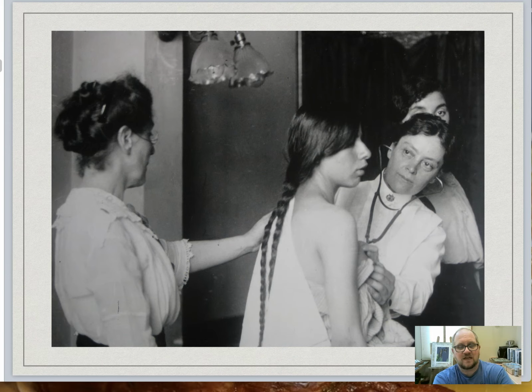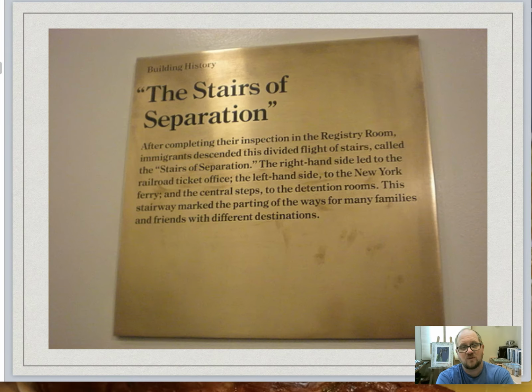Some people were denied entrance, and typically those people were held in a quarantine room for a few days until they were deemed not contagious. At that point, you were either put on a ferry to New York City or given the ability to go to the train to go to another part of the country.